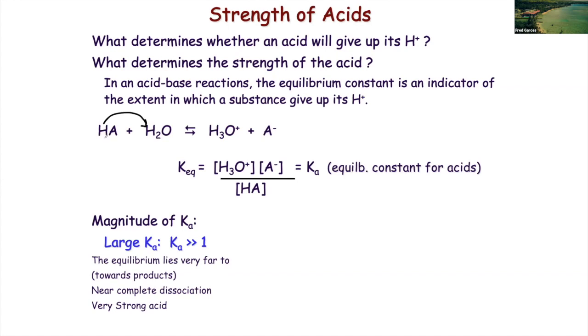Because it's an acid, its job is to be a proton donor. It's going to deliver its hydrogen to the lone pair on water. Remember, water has 2 lone pairs, and you get hydronium ion, and then what's remaining is the conjugate of that acid, A minus.